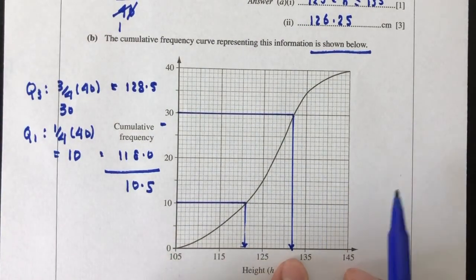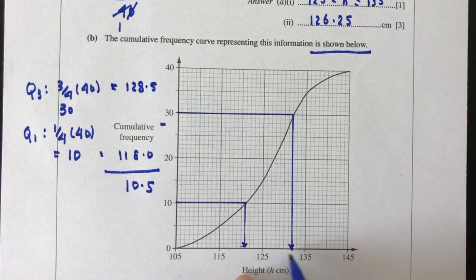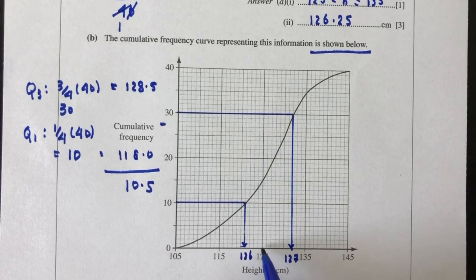So for my reading here, this one will be 127, and this one will be 32.